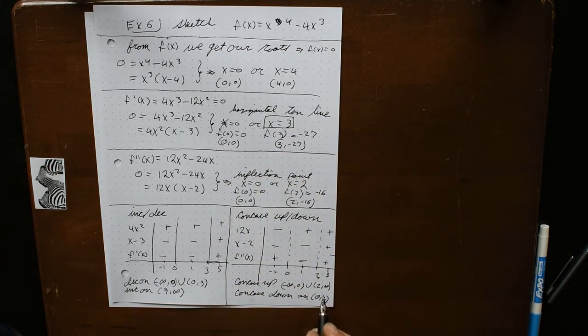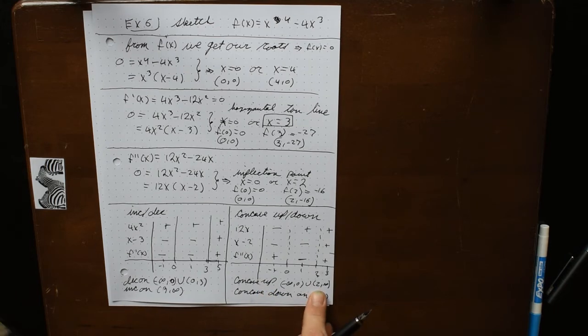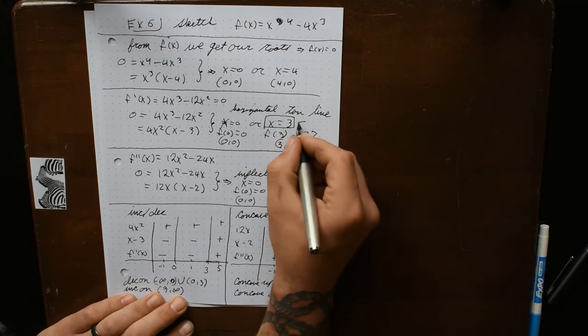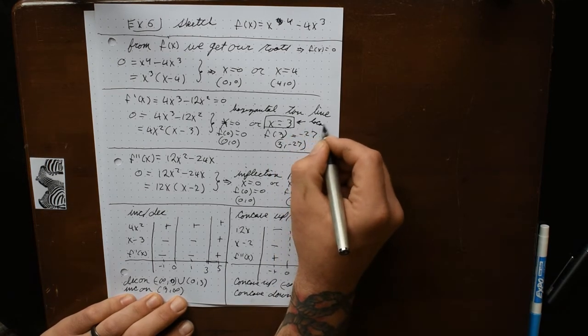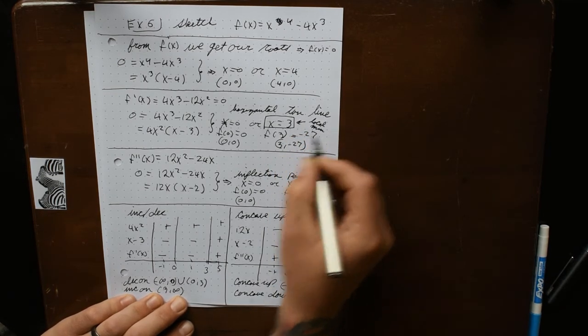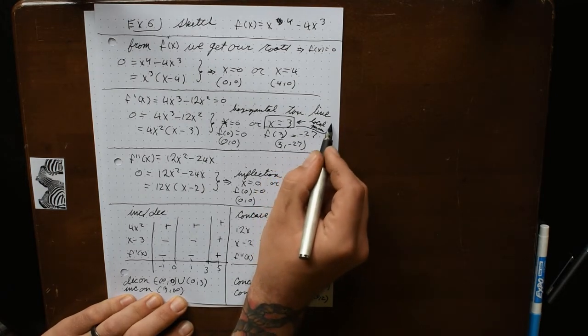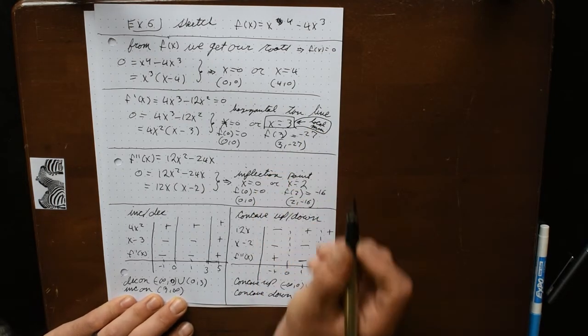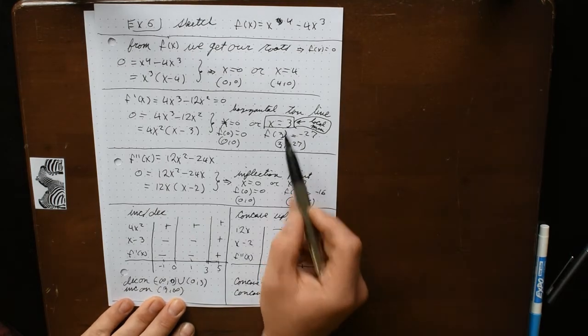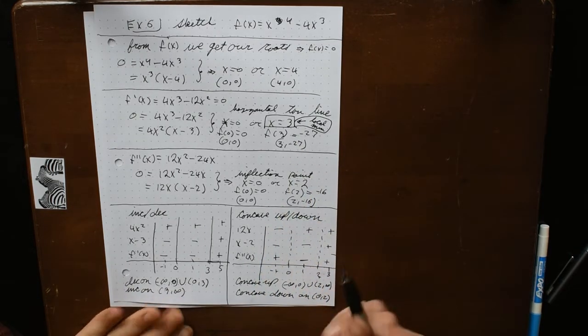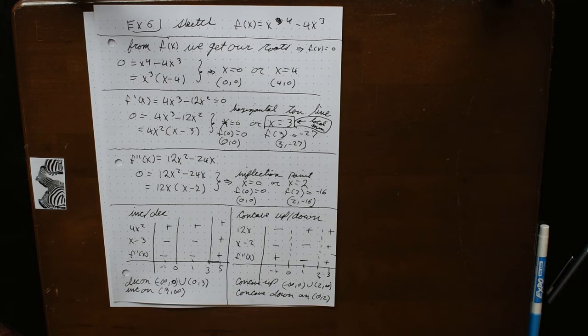Well, when x is equal to 3, we're concave up. So we know this is going to be a local min from the second derivative test. We're horizontal and we're concave up around it. So it has to be on the bottom half of that parabola.